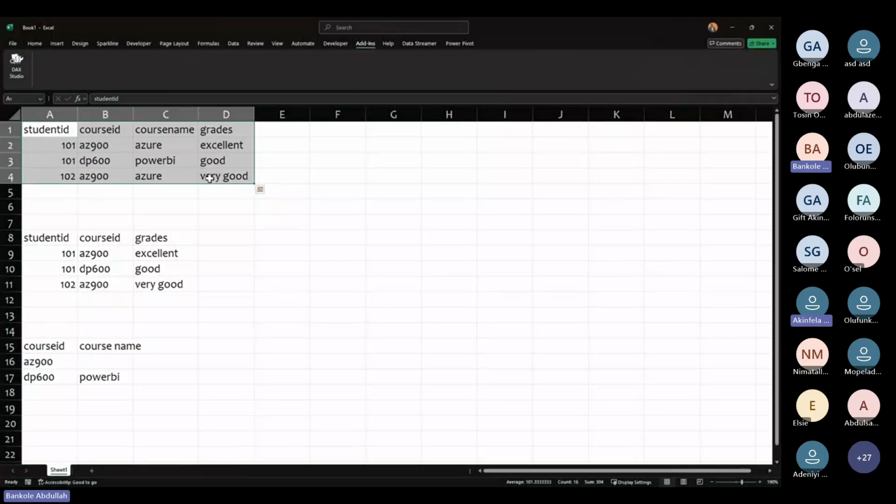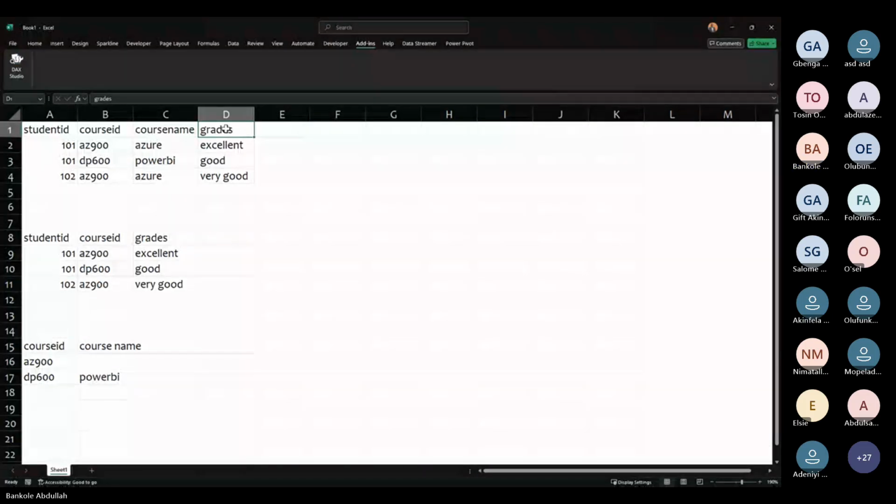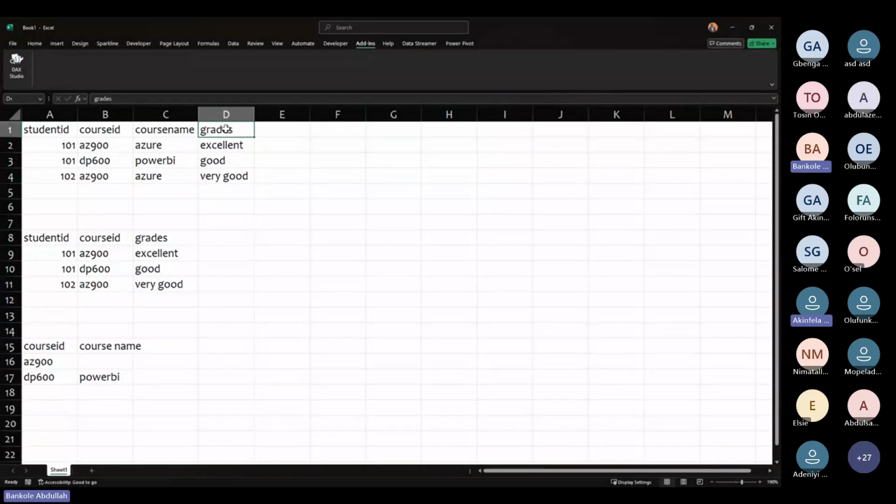So we have this table where we have the student ID, the course ID, the course name, and the grades. You got all that part first. Did you get that? Yes. Remember when Mr. Benga explained 1NF? To achieve 1NF, there must not be grouping. For example, let's say you are seeing Azure, Power BI in this place.